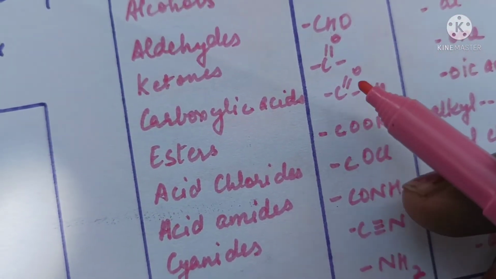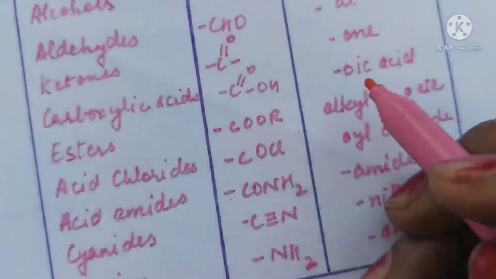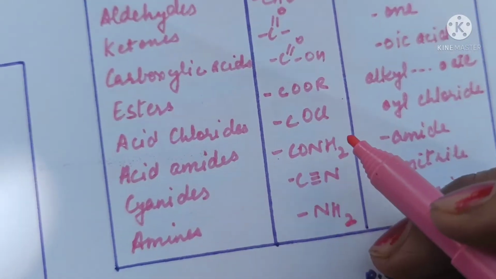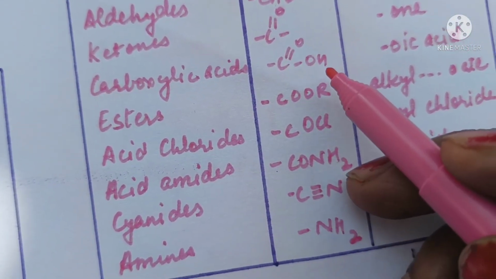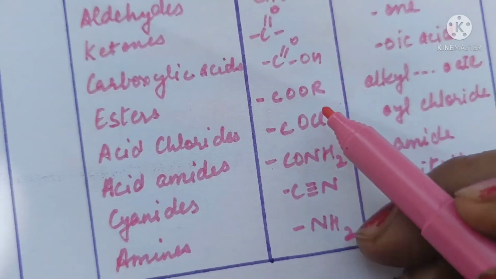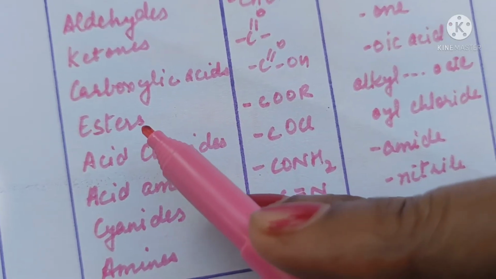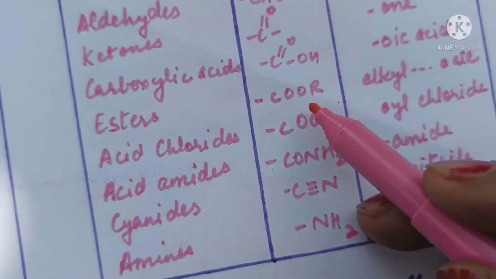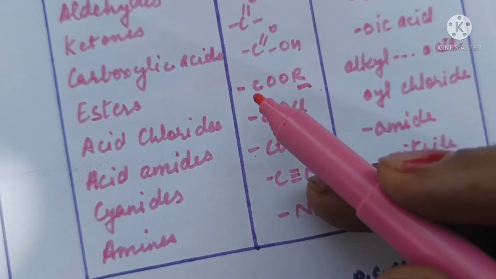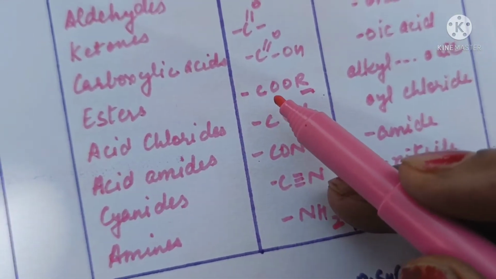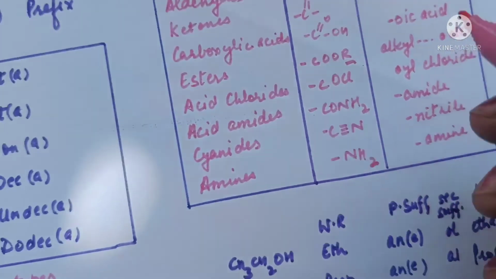Similarly, COOH group is for carboxylic acids and the suffix is oic acid. If the H of the carboxylic group is replaced with an alkyl group, then we have an alkyl group over here and another alkyl group over here. Such a compound is called an ester and the name will be alkyl for this portion, and alkane for the remaining carbon atoms, and oate will be the suffix, alkyl alkanoate.